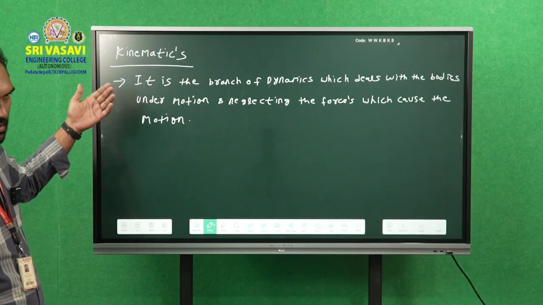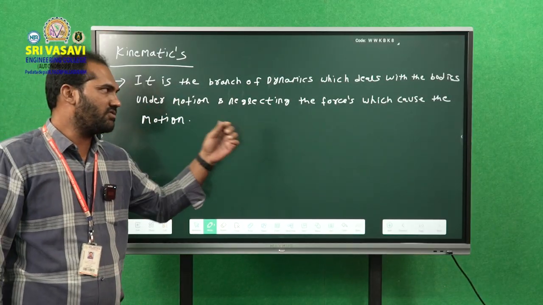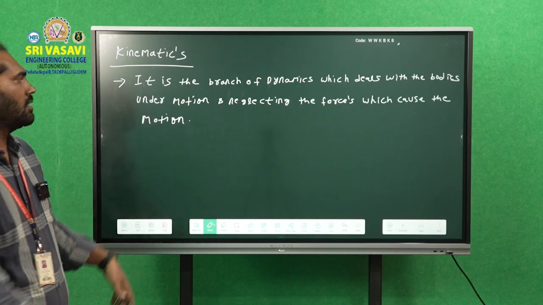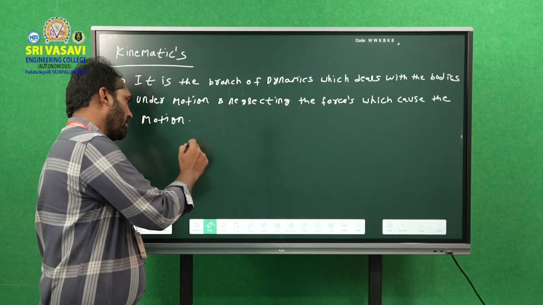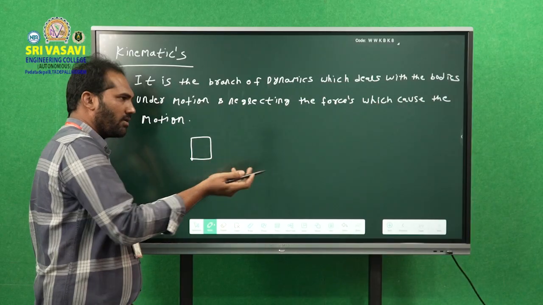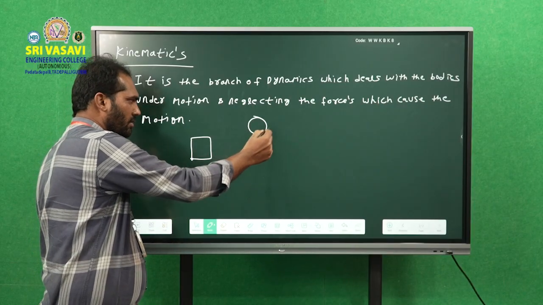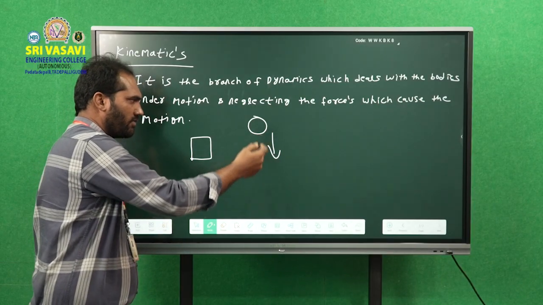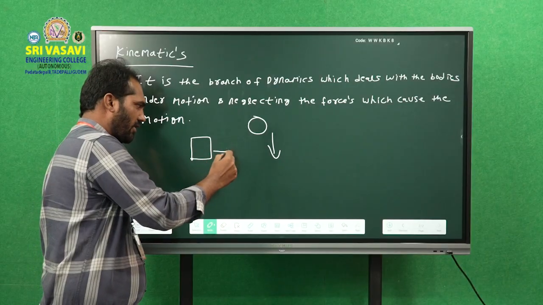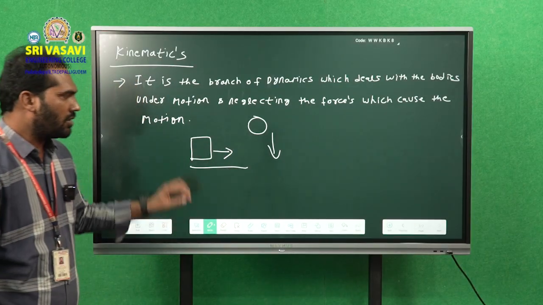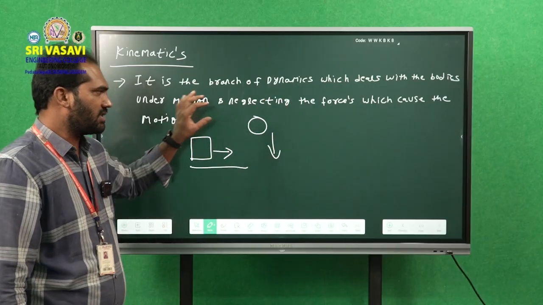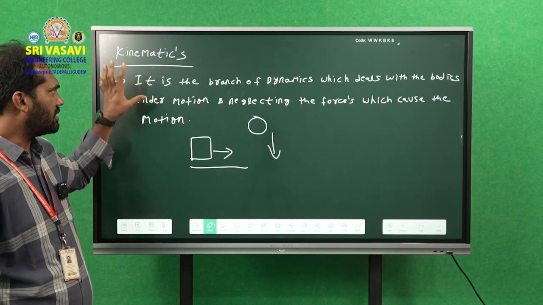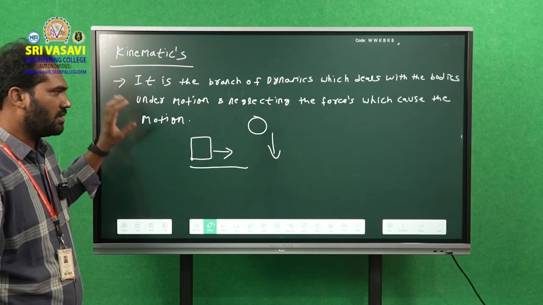So here the motion is, for example, if you consider one car or a freely falling ball from upward, and the car is traveling on a road. Here we consider only motion and we neglect the forces which cause the motion. So this is nothing but kinematics.